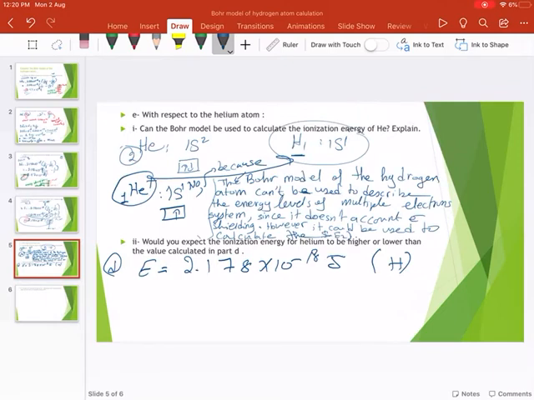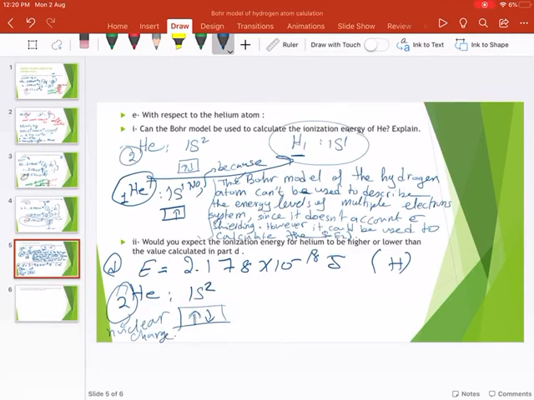If I want to talk about helium, to remove an electron from helium, as we said, helium has 2 electrons, 1s2, and these 2 electrons are not completely shielded from the effect of the nuclear charge, which is +2.